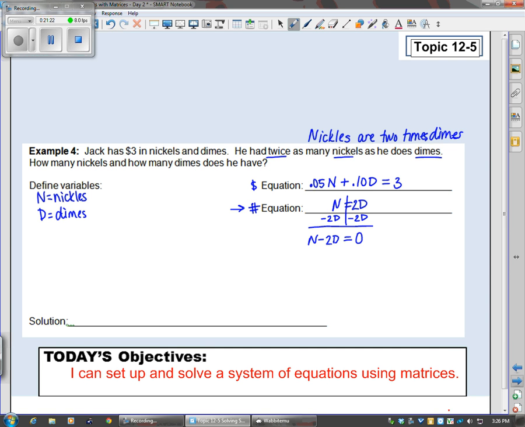That's okay, and we need that 0 as a placeholder. So your matrices are 0.05, 0.10, 1, and -2. Stop for a second, make sure you know where those came from.